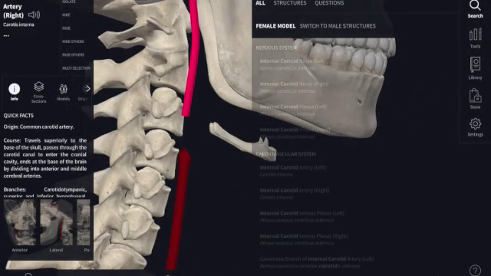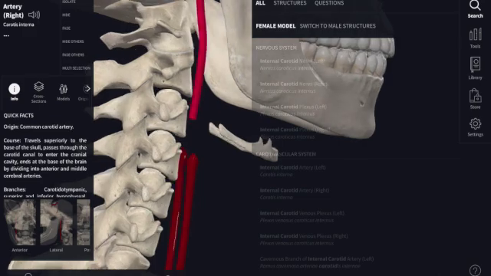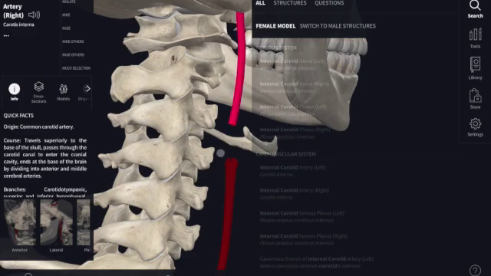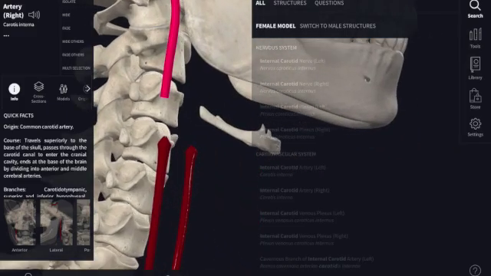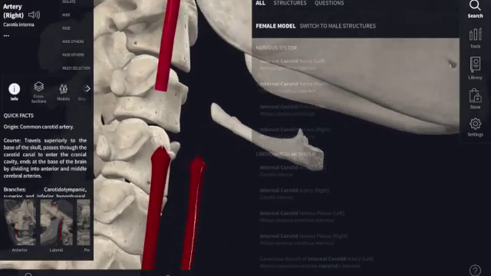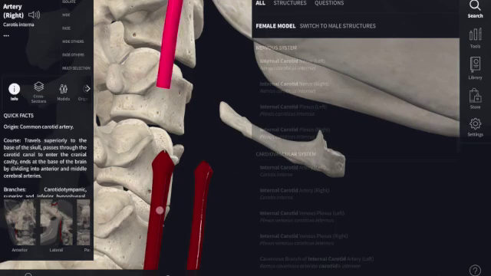Just so you know, Complete Anatomy is way more in depth, and we're missing these pieces. But for your knowledge and all intents and purposes, you just need to understand that common carotid turns into internal carotid. Okay.